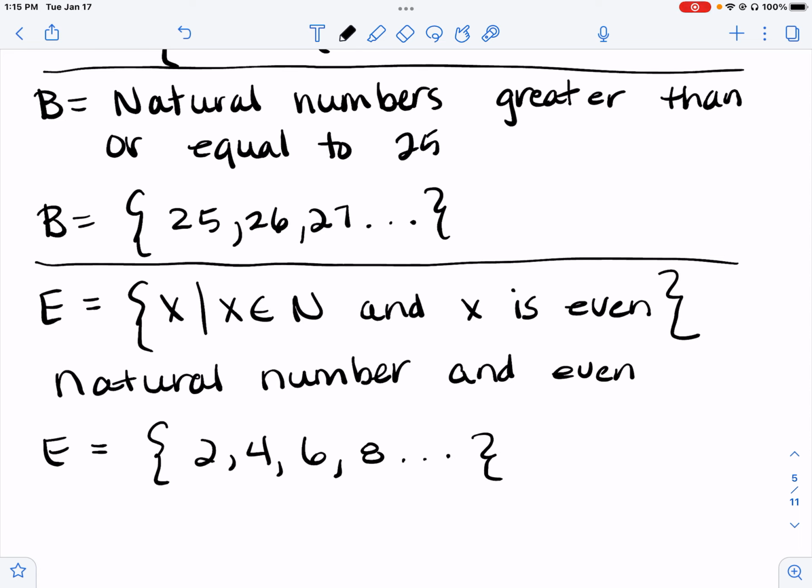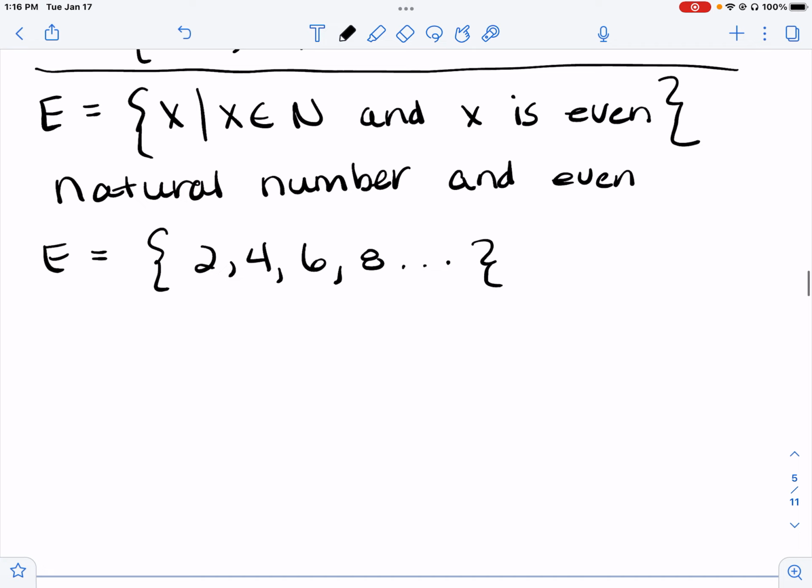So we can't name the largest number, so that's why we use the dots.